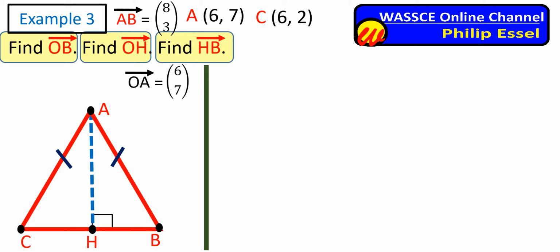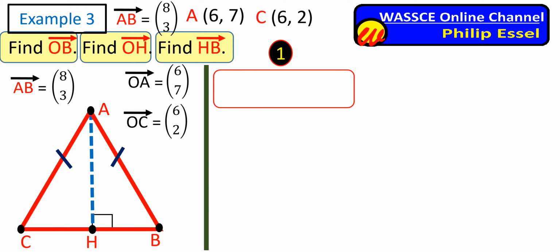And when we do this, we would get the position vector OC to be equal to (6, 2). Now let's write the vector AB to be equal to (8, 3). We will now solve the first part of the question, which wants us to find the position vector OB.